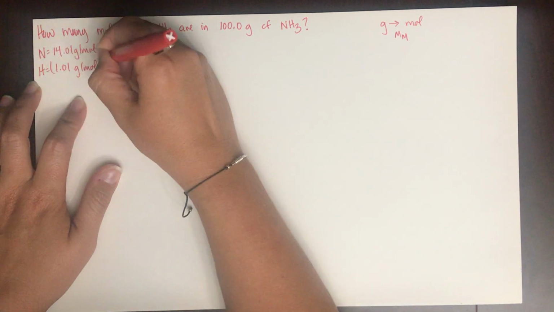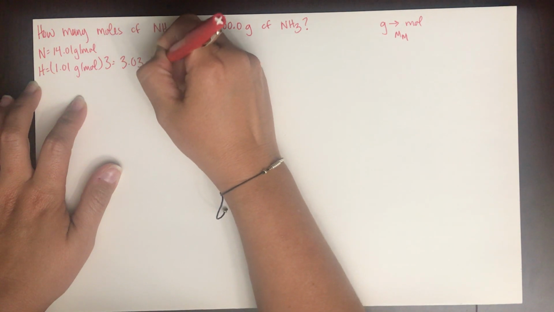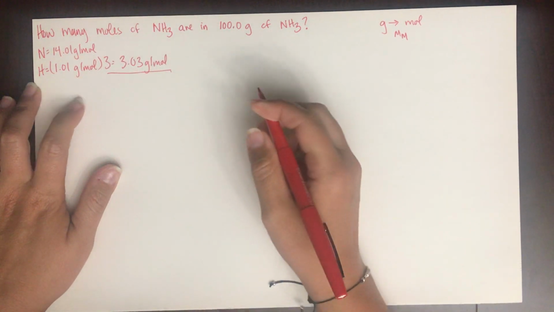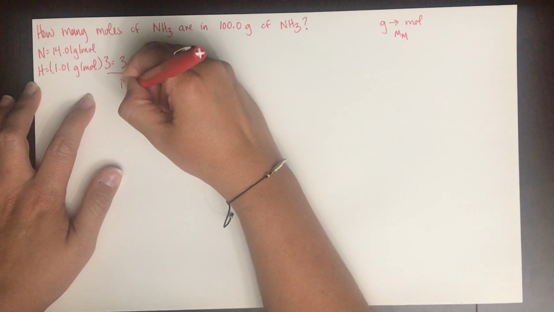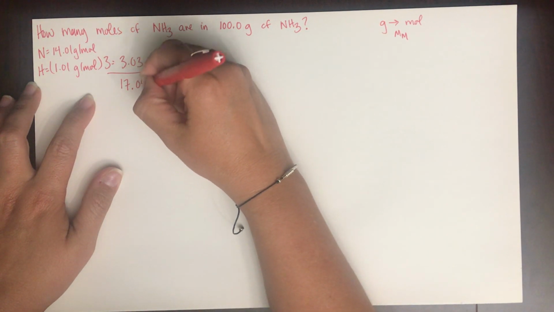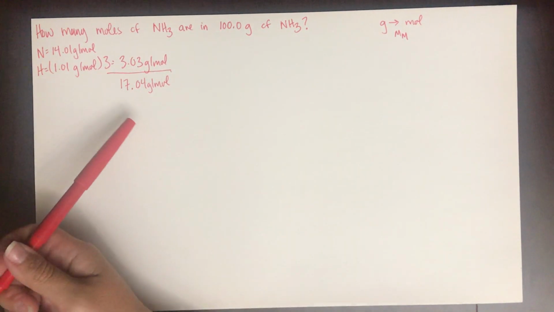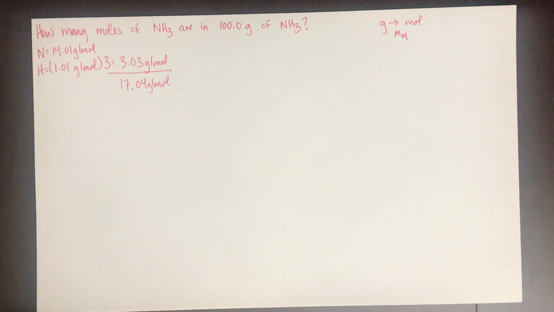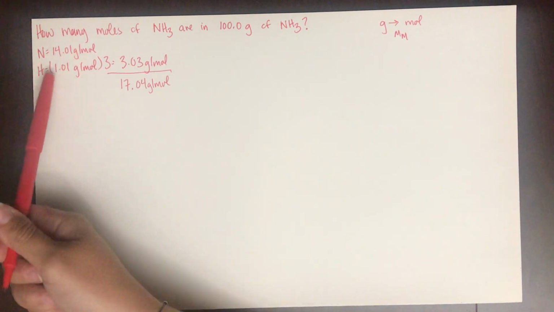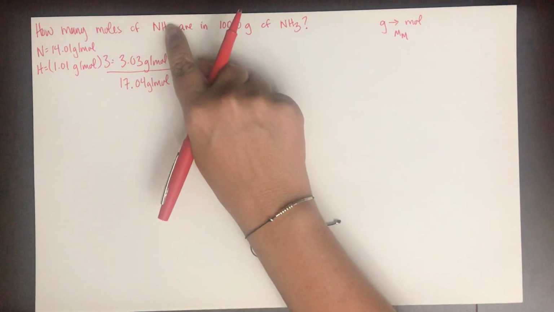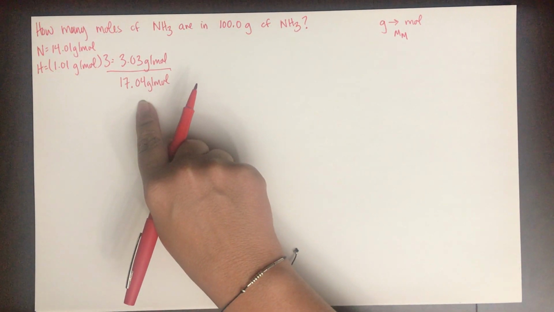I'm going to multiply that by 3. So that's 3.03 grams per mole. So then the molar mass of NH3 is about 17.04 grams per mole. So you can't just look at the periodic table and get the molar mass for a compound. You have to get the molar mass of each individual element, and then based on how many of each of these you have, you can calculate the molar mass of the whole compound.